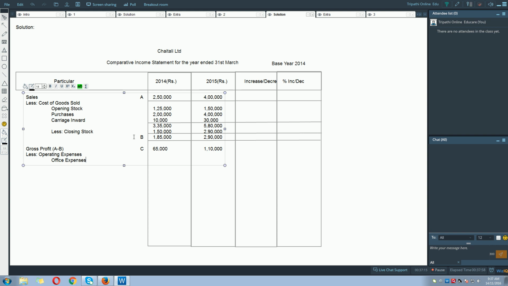So 65,000 is our gross profit for first year. Same way we'll have to calculate for second year. 4 lakh minus 290, that is 1,10,000.